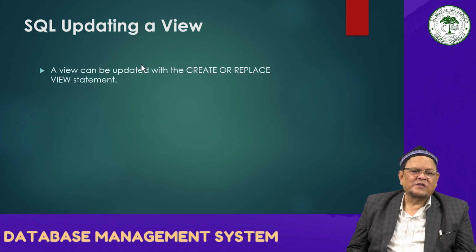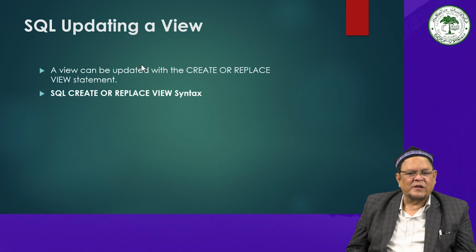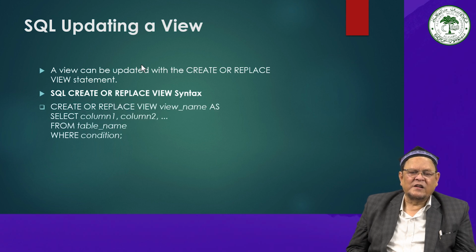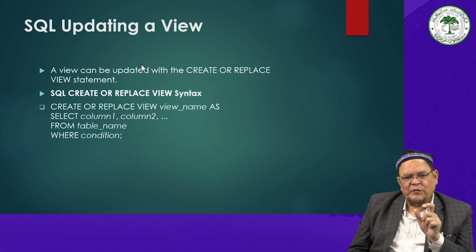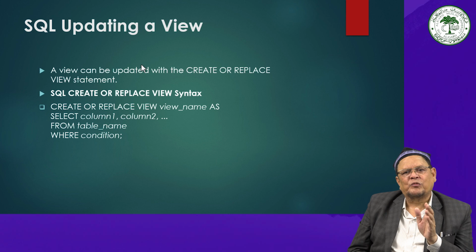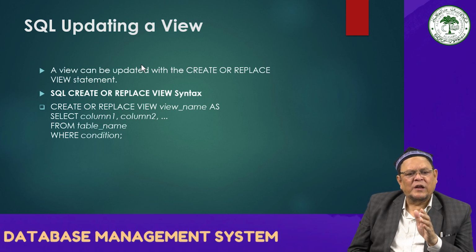A view can be updated with a create or replace view statement. The syntax is: create or replace view name as select column 1, column 2, up to n from table name.